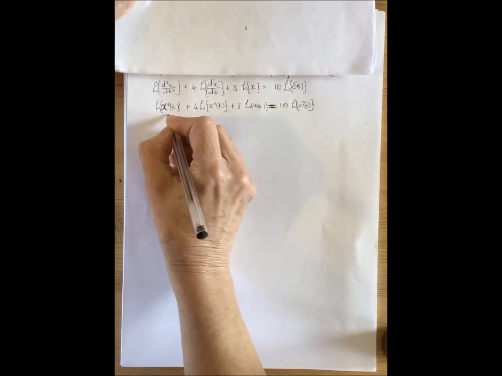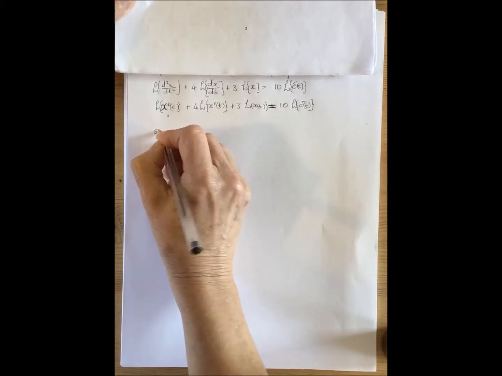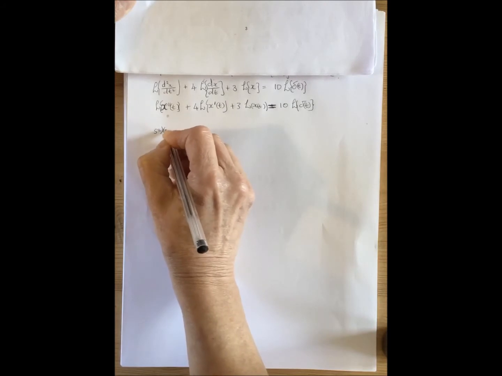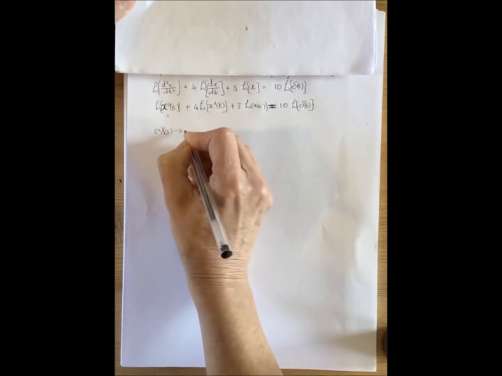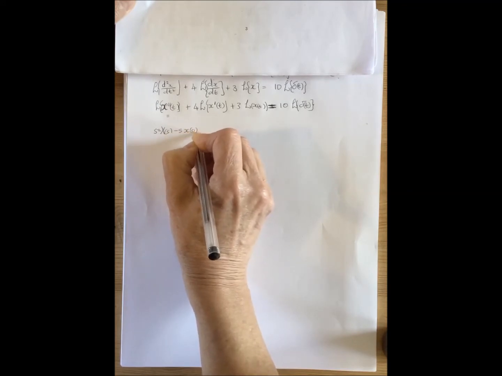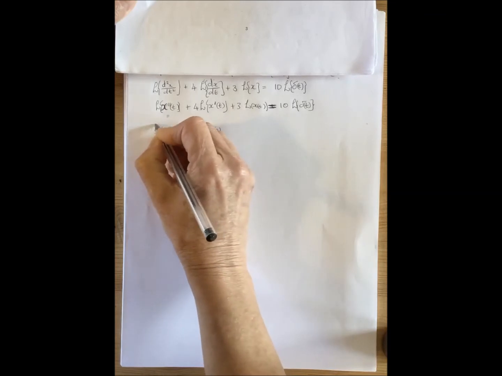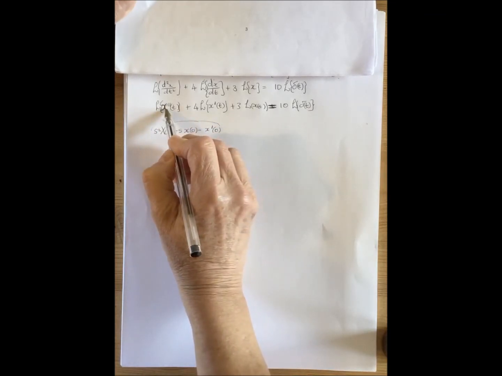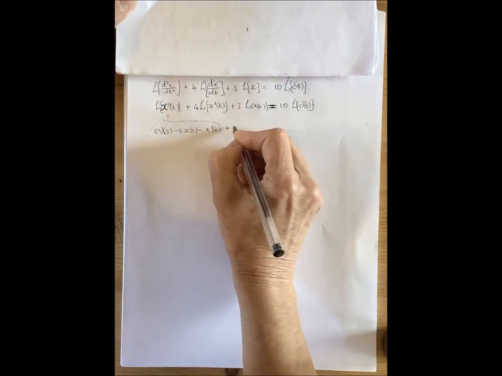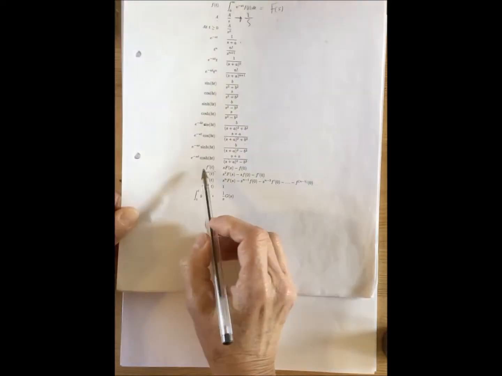So this part now becomes s squared X(s) minus s x(0) minus x dashed 0. And that is all the Laplace transform of x double dash, the second derivative of x, plus 4 on the Laplace transform of x dashed t.